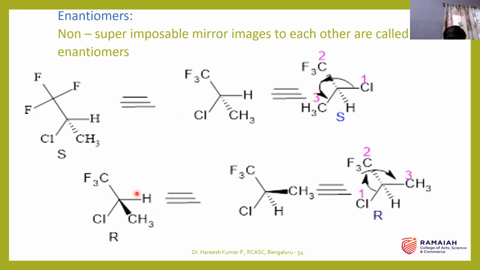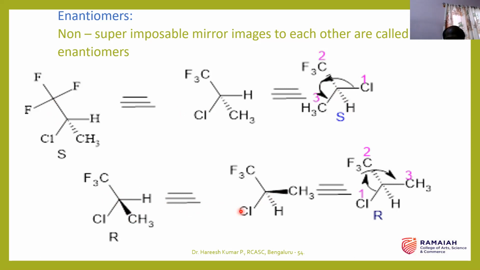Similarly, you can also find the R and S configuration for this moiety. How can you find out? So this as well as this. I rotated one. Well, it's not rotated, isn't it?